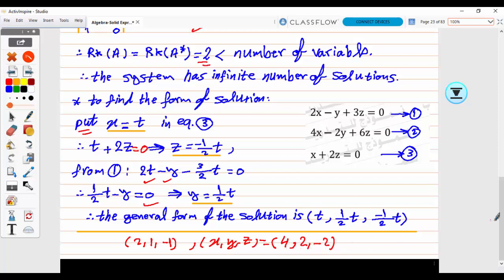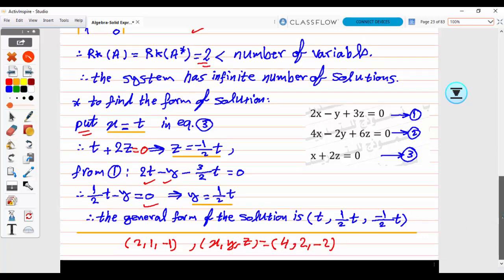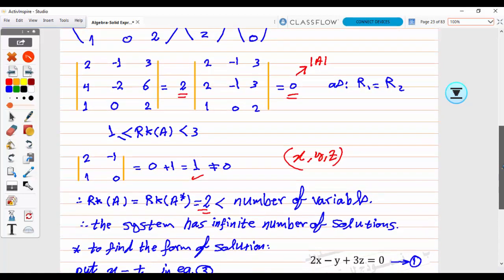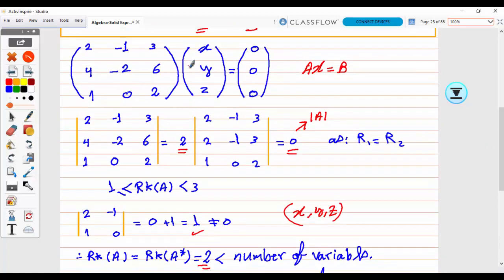So substituting x, y, and z, 4, 2, and negative 2 in the matrix equation. Here is the matrix equation.